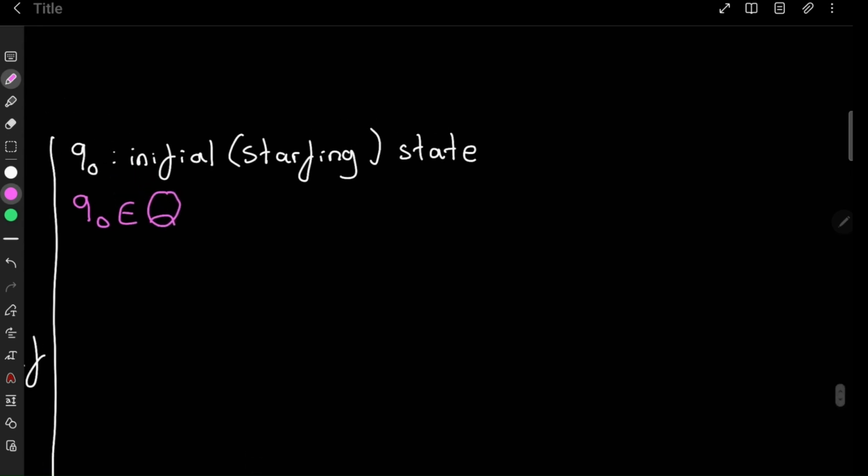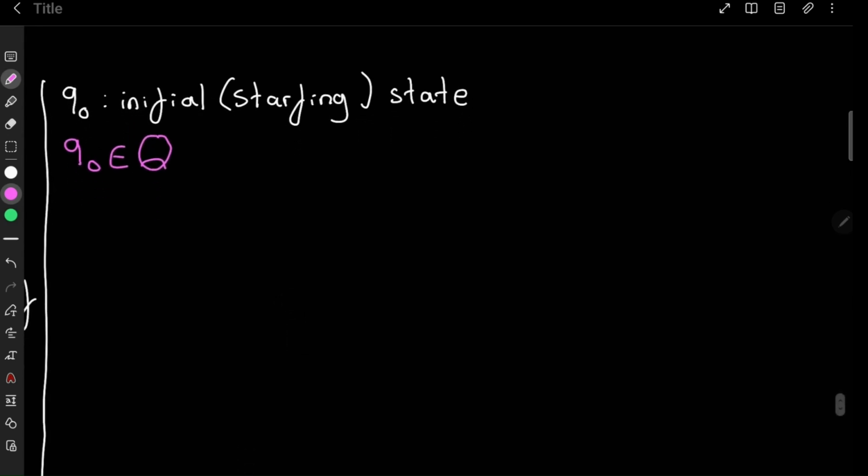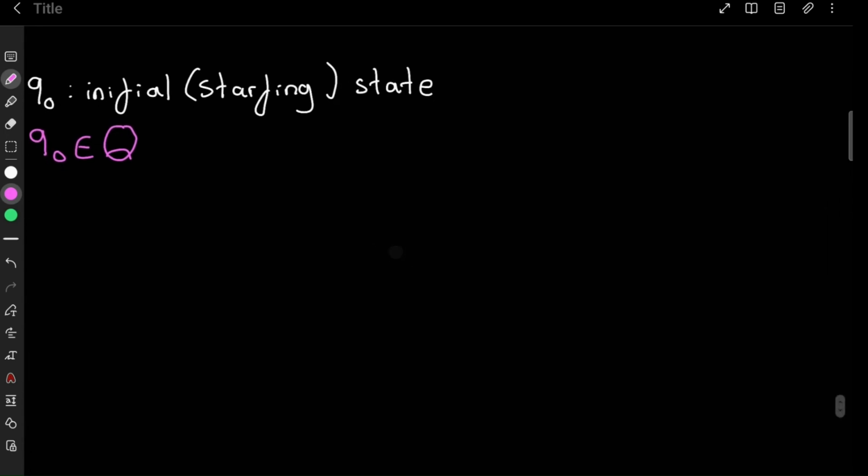And Q0 is an element of the set Q, which is the set of all states. Also, for NFA, the initial state is also Q0, so we will write Q0, and it's also an element of Q for NFA.